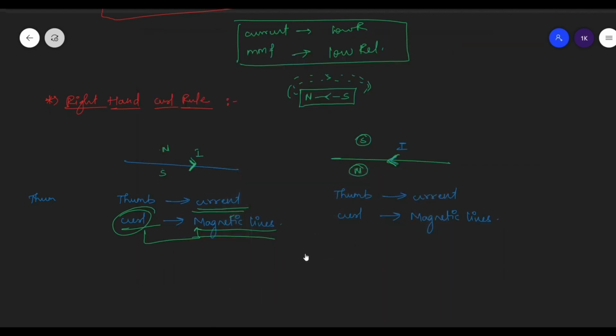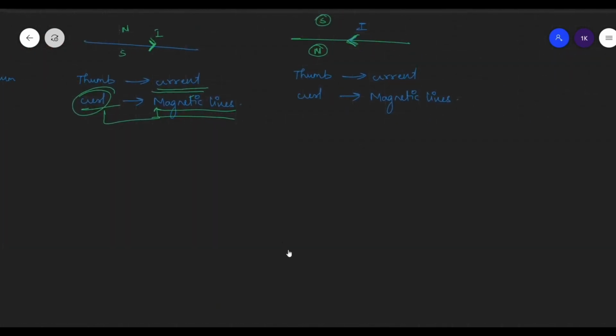Now let us try to understand the same thing with the help of a core. Assume this is a magnetic material, and around this magnetic material we have windings in this way.